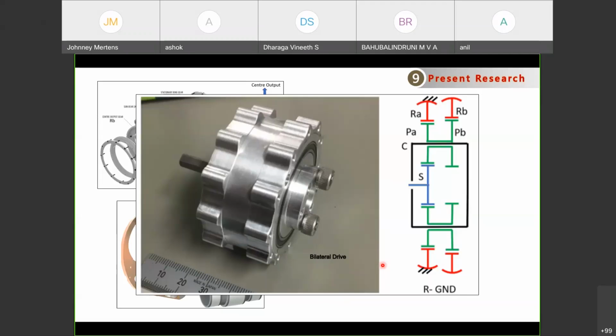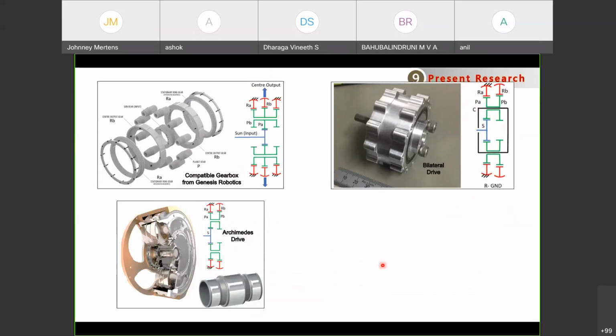To keep the same efficiency, this bilateral drive was recently developed, in which the same efficiency in both clockwise and anti-clockwise directions can be achieved.